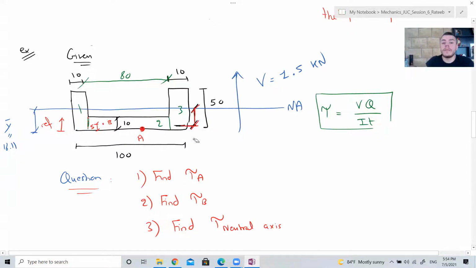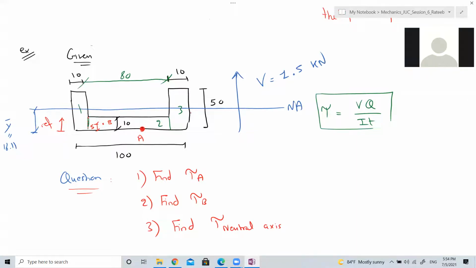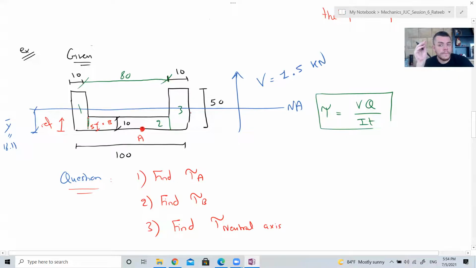Are you understanding it? Yes. Understood. I'm not sure you all understood. Are you sure you understood it? Yes. So y prime is the distance between the neutral axis and the centroid of area prime.